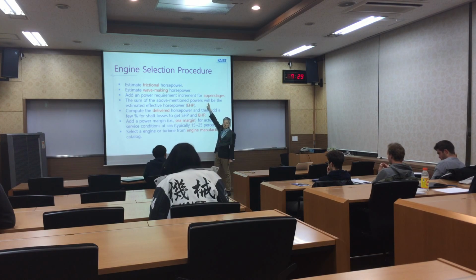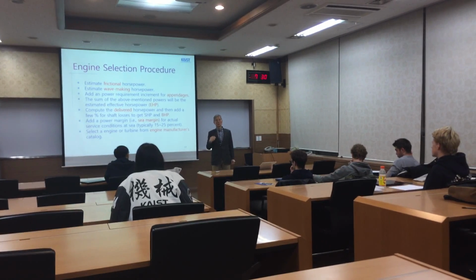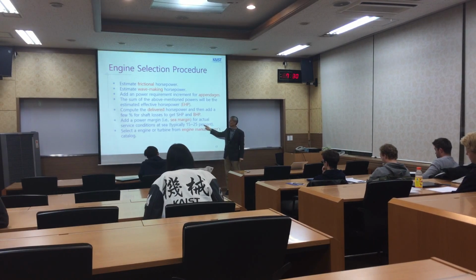These are all estimations. We are not sure how accurate we are, right? Because there are no exact prototypes, only estimations. Depending on your technological skill, the margins and safety factors can be smaller. So in the old days it was big. Nowadays it's coming smaller than before.